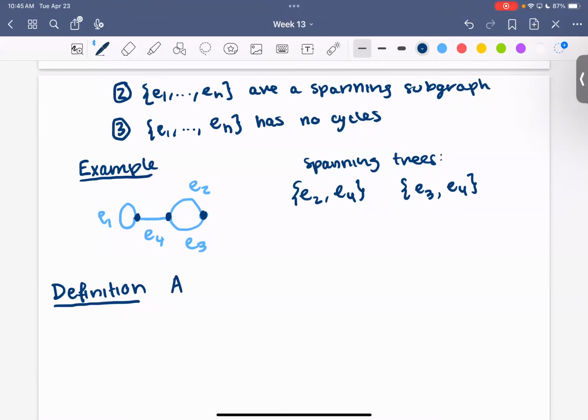So a matroid, which you usually call M, consists of 2 pieces of data, E and B. So firstly, we have this set E, which we'll usually take to just be the numbers 1 up to N. And this is called the ground set.